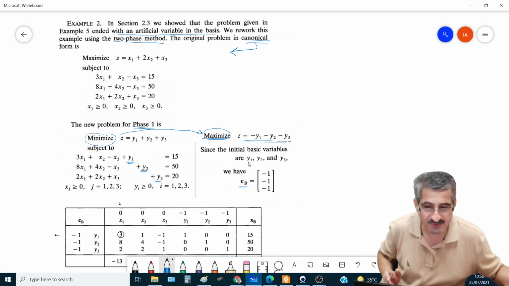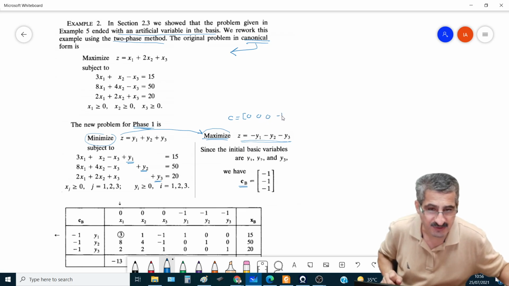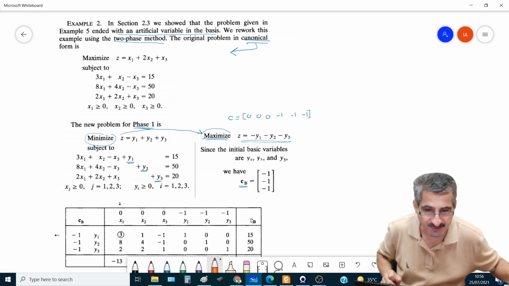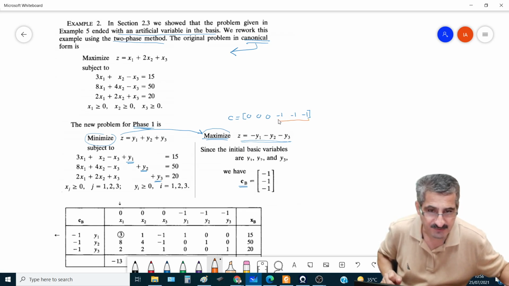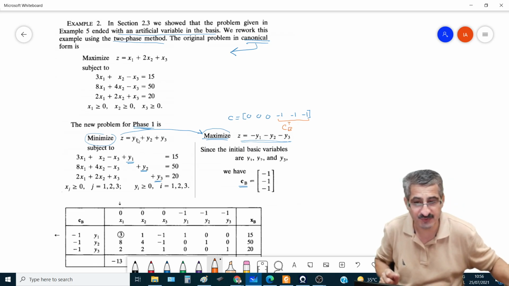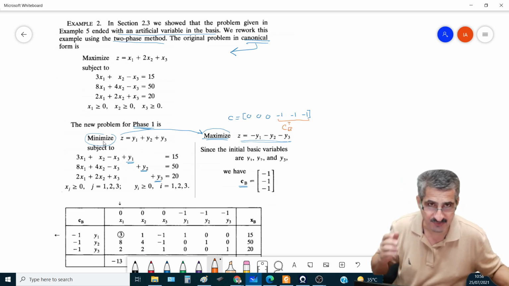Good. And because the C is 0 for x1, 0 for x2, 0 for x3, -1, -1, -1. So this part here is CP transpose. Now this is the cost vector of the auxiliary problem.